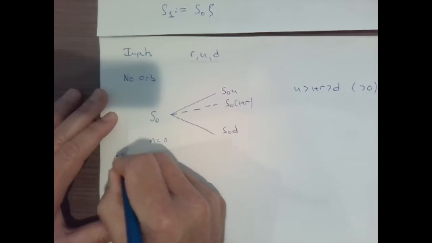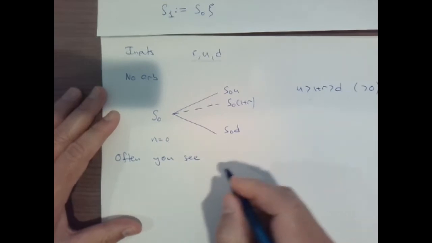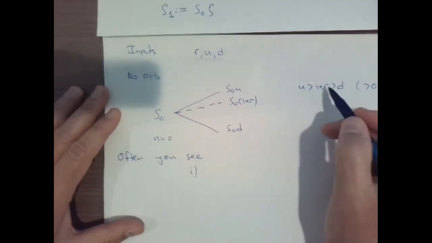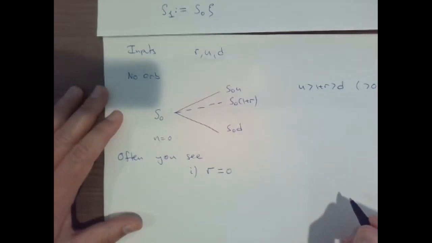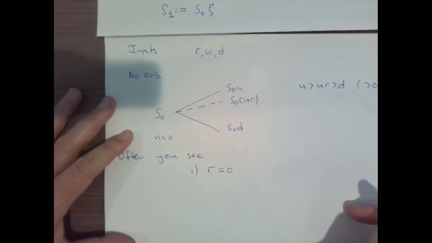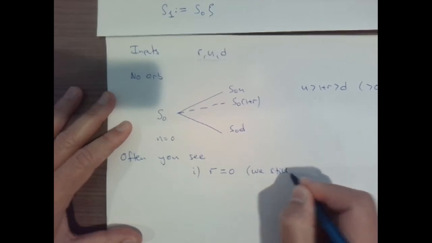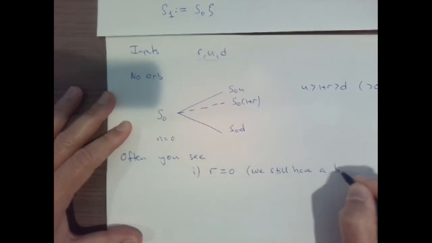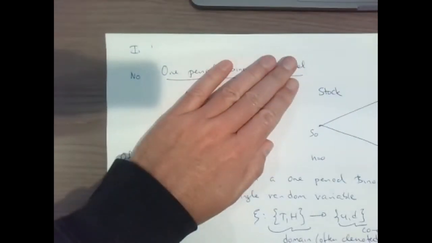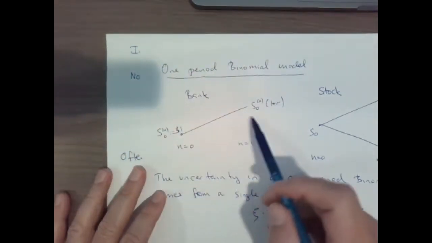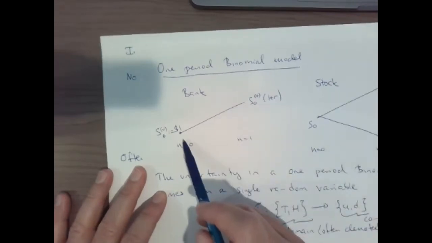Often you see something like R being taken to be 0. This is not to say that we got rid of this left side here. We still have a bank account, it's just that the bank account's interest rate is 0, so it stays flat. Instead of going up, it stays flat.